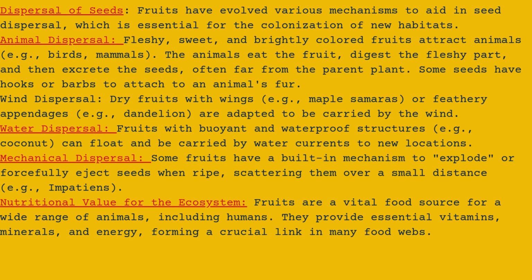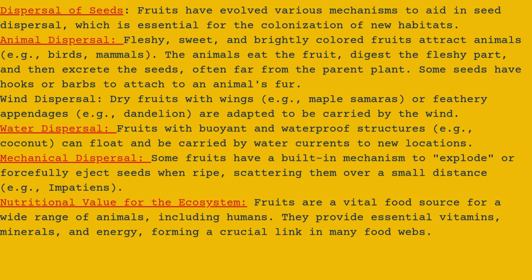The animals eat the fruits, digest the fleshy part, and then excrete the seeds, often far from the parent plant. Some seeds have hooks or barbs to attach to an animal's fur.